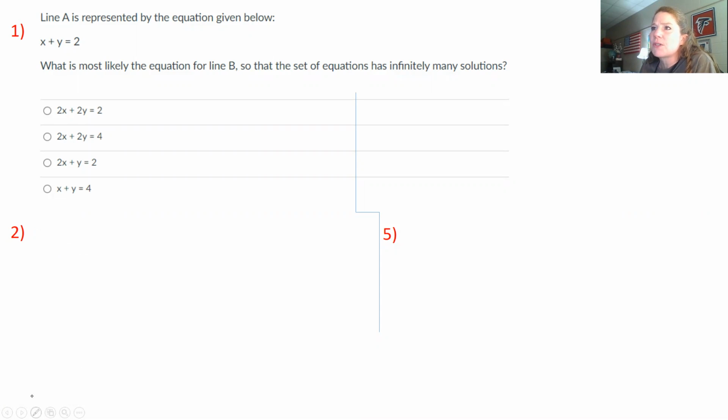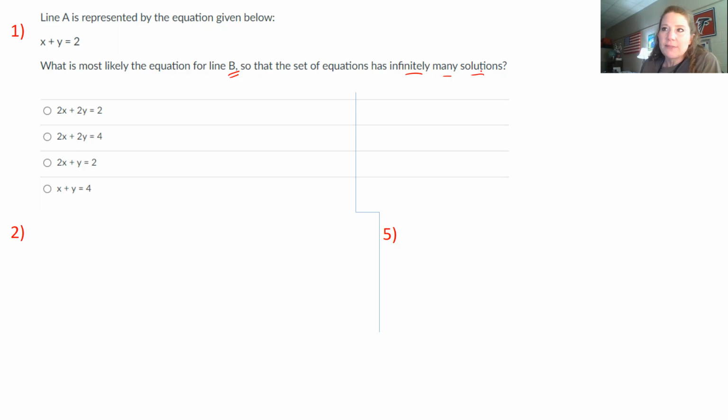All right, so on the first one, it says line A is represented by the equation given below, x plus y equals 2. What is most likely the equation for B so that the set of equations has infinitely many solutions? That means we want basically two lines that lie on top of each other.